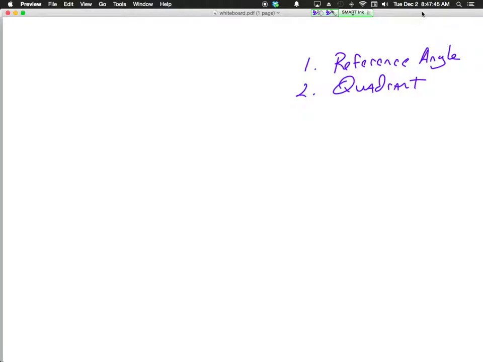Not side length. If I've got the number, what's the only other thing I need? Whether or not it's positive or negative. So the quadrant's going to tell me the sign, the reference angle tells me the number. So that's what we're doing today. So let's get started.